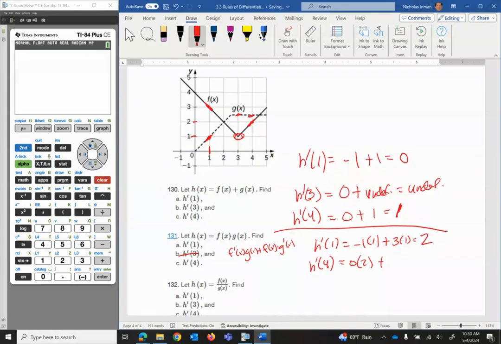So f at 4 was like 2.5 times g prime at 4. That's 1. So 0 plus 2.5 is 2.5.